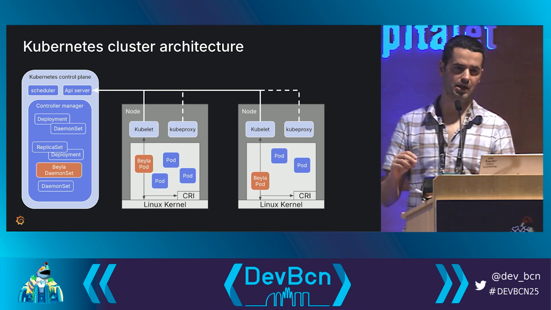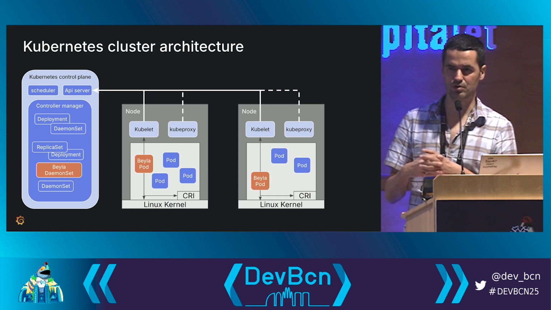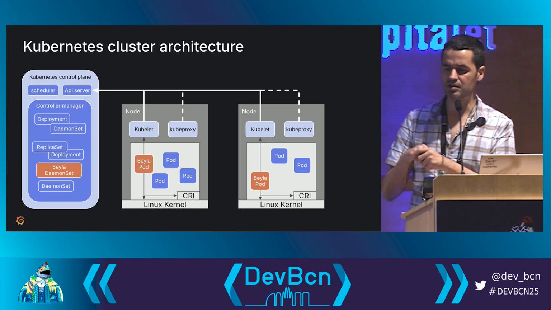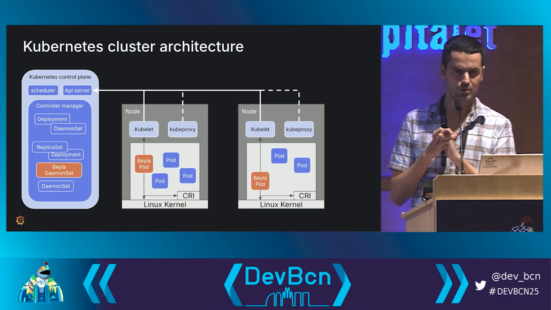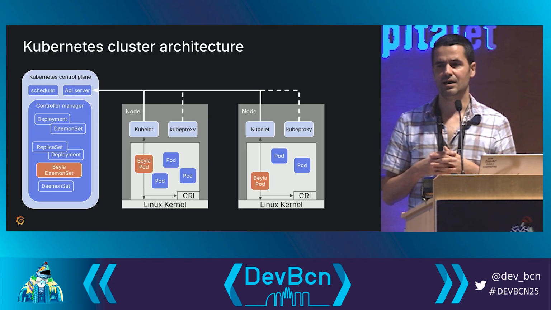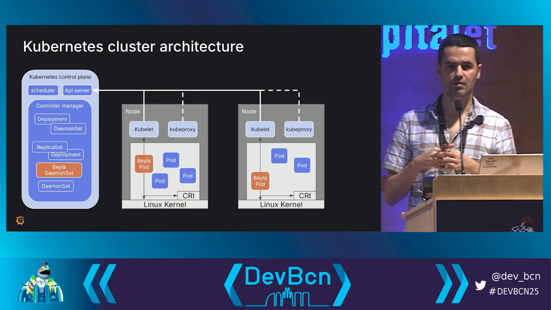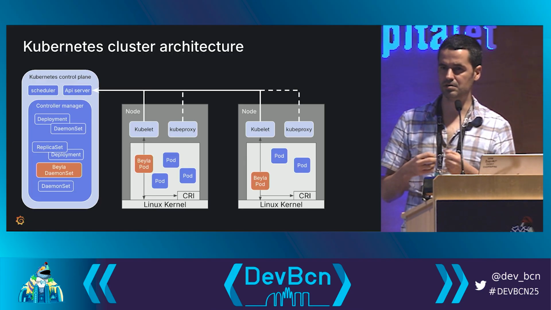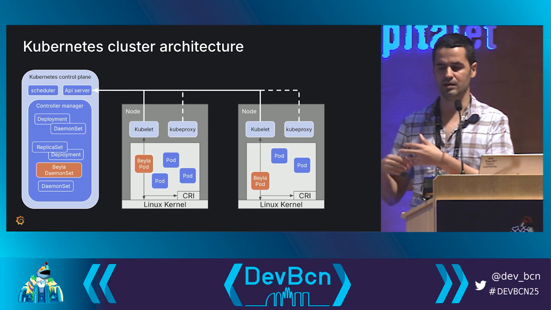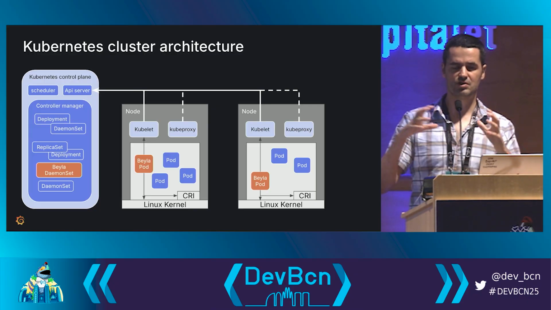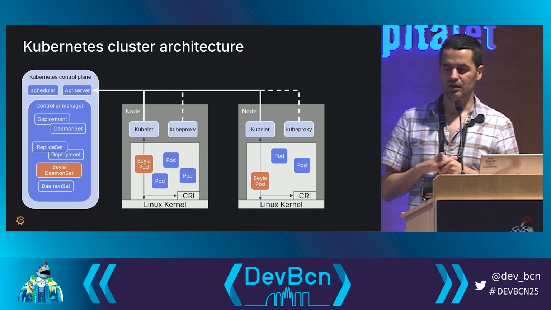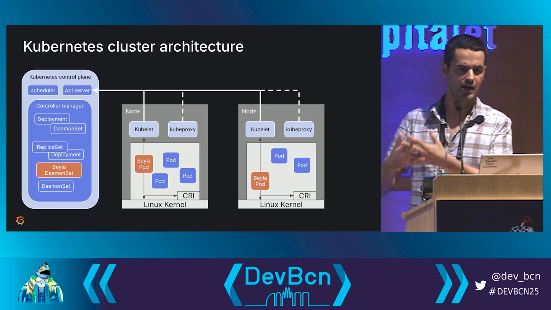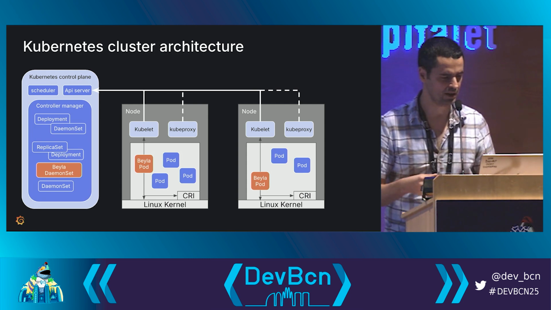A pod is just a unit of execution in Kubernetes in which you can run different containers, and those pods can be organized at a higher level, with higher level semantic structures like deployments, replica sets, daemon sets, services. And all of them have their name, their namespaces, their metadata.